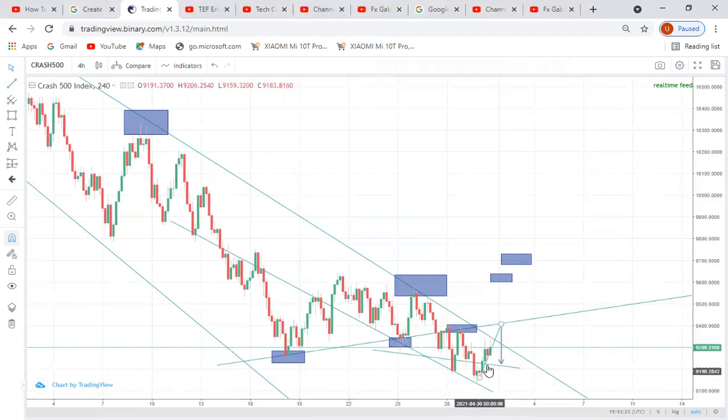If this buy is a good one, we're expecting price to break the downtrend channel, then reach here and give us a major pullback, at least to this level where I have connected this candle wick and the next candle wick.